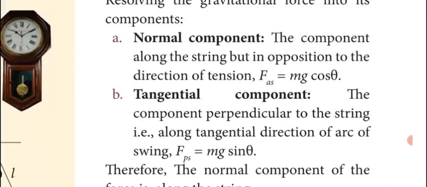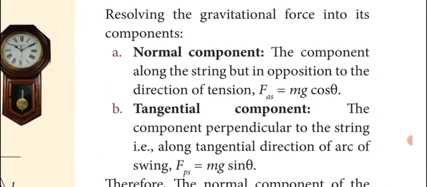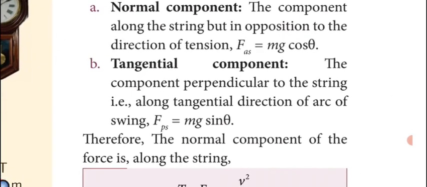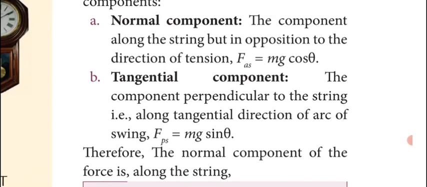One is the normal component, along the string but opposite in direction to the tension, that is F_As is equal to mg cos theta. Another is the tangential component, perpendicular to the string along the tangential direction of the arc, that is F_Ps is equal to mg sin theta.